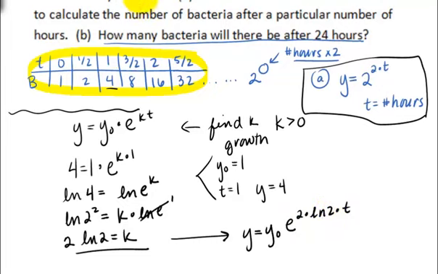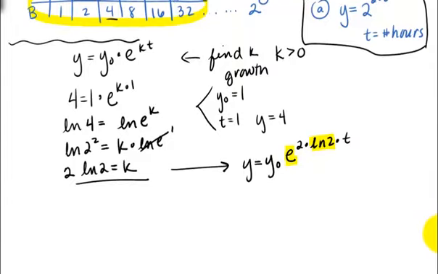Now remember, in the last video, if you watched it, anytime you have a natural log in the exponent and an e in the base, you want to put those two together because they do cancel each other out. So let's go ahead and simplify. And using the properties of exponents, you can rewrite that exponent as e to the natural log of 2, to the 2t power, because you would essentially be multiplying those.